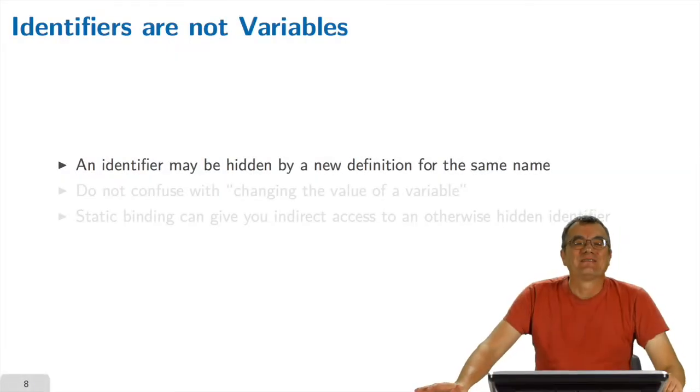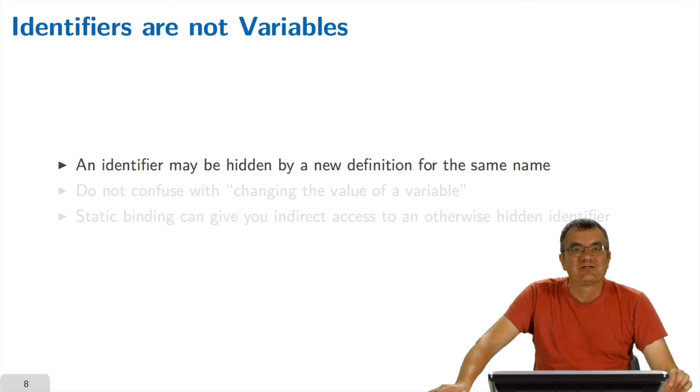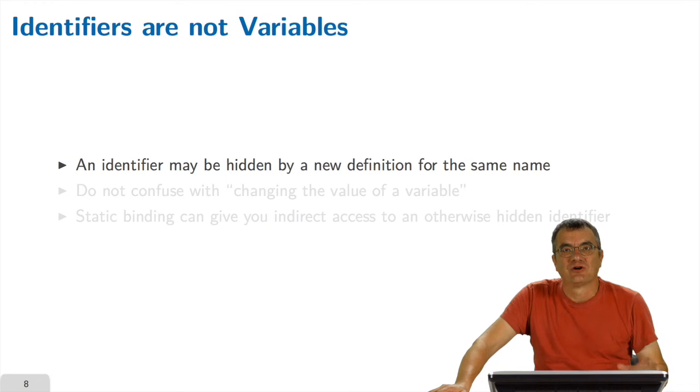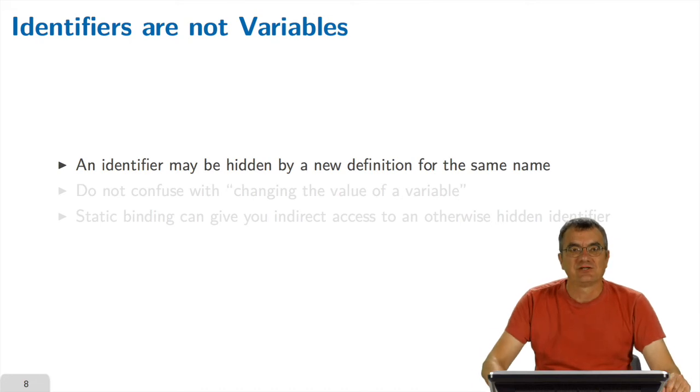As we have seen in the previous sequence, you are allowed to give several definitions of identifiers using the same name. As I have explained to you in the last sequence, this just means that you give a new definition of a new identifier which might locally shadow a previous definition.